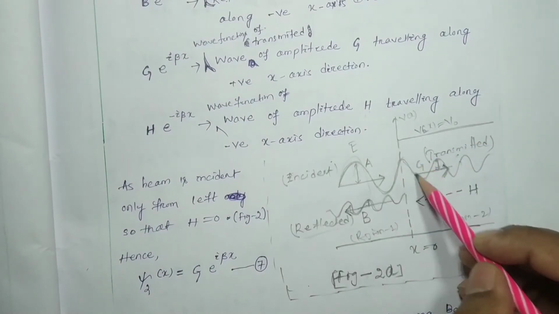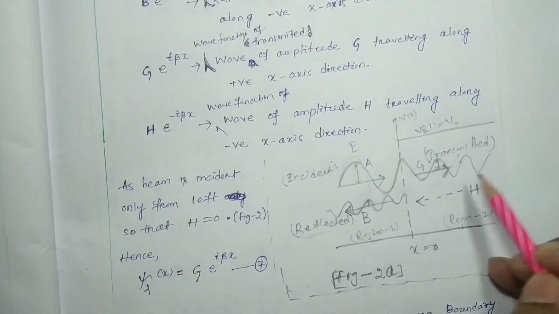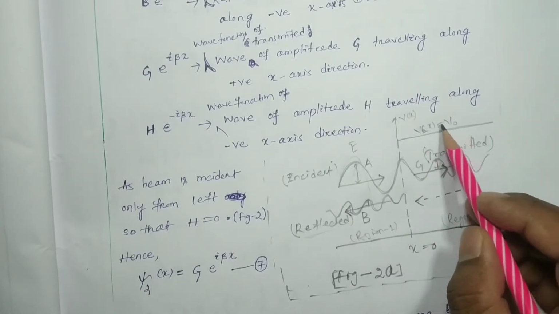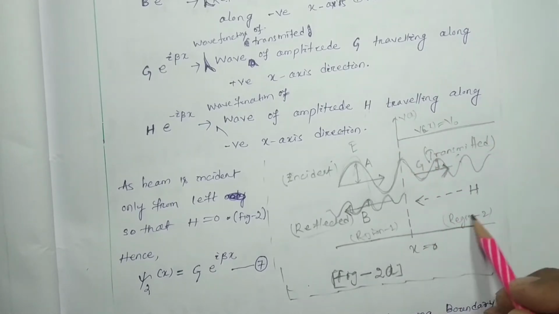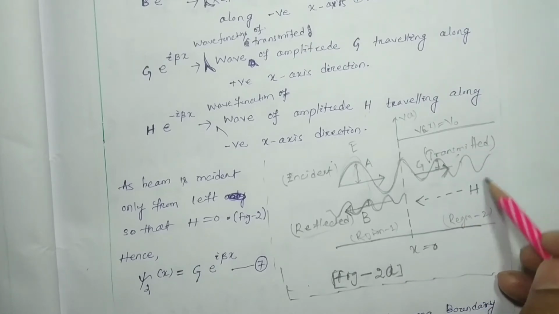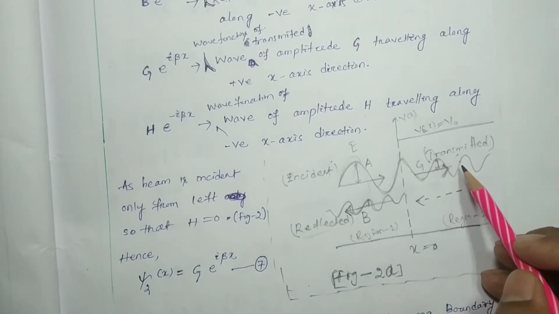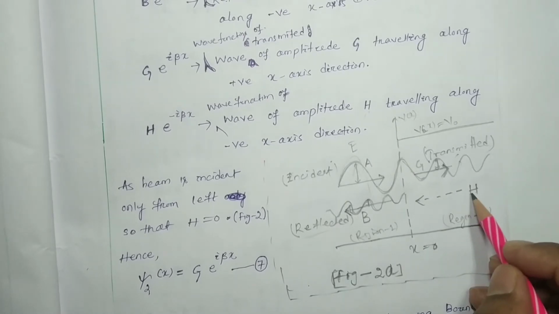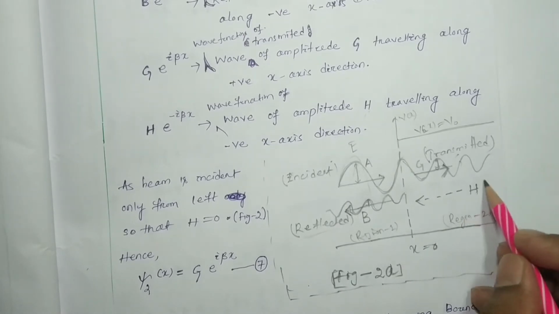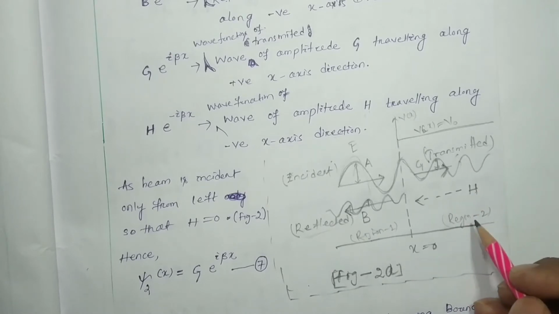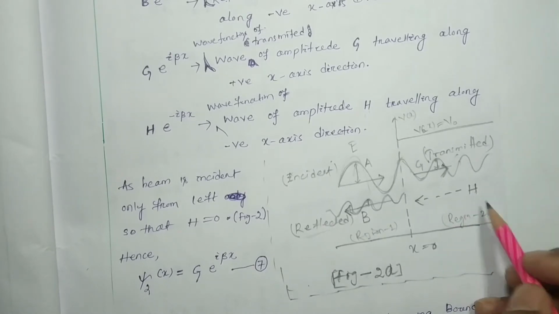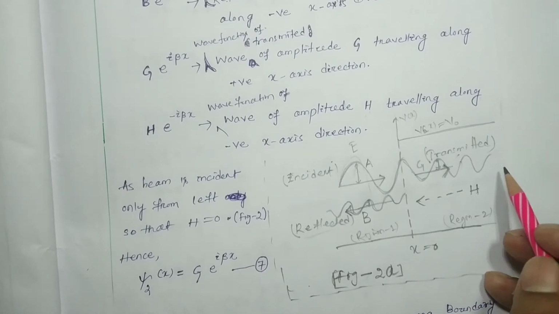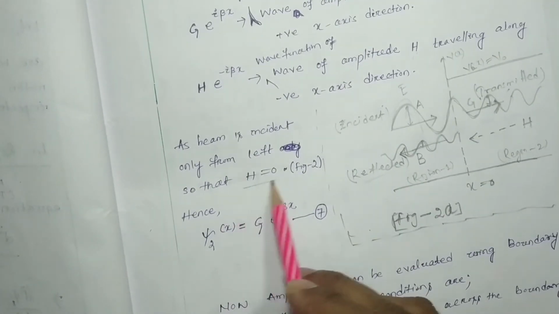That means this transmitted wave is not going to be reflected anywhere, because V0 is constant in this region, so there are no changes. From where could it be reflected? So reflection in this region is not possible. In region 2 no reflection is possible, so hence H equal to 0.